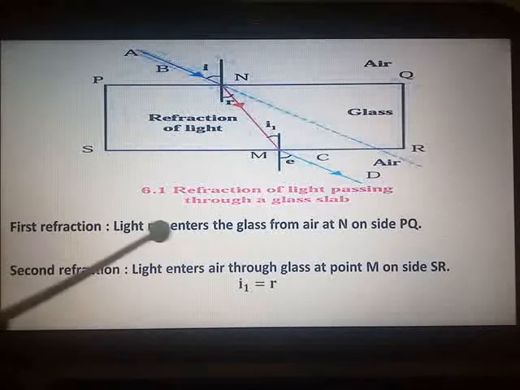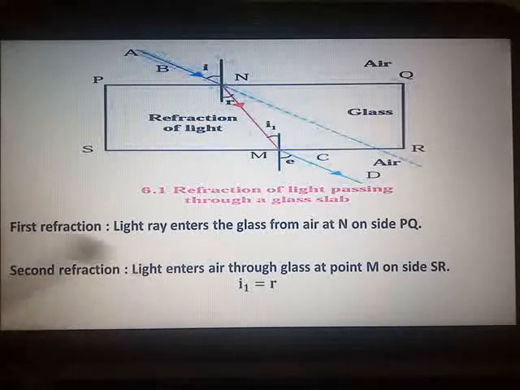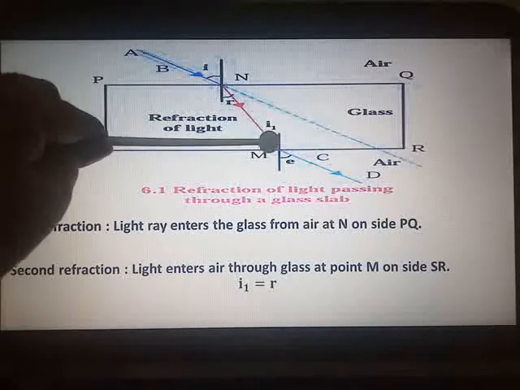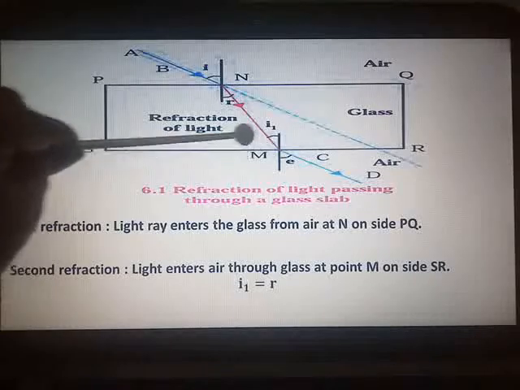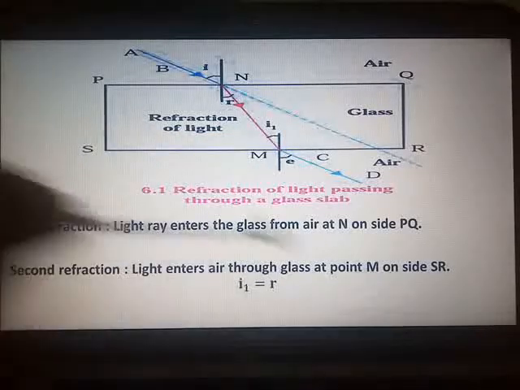Now when will the second refraction take place? When the light enters the air through the glass. Now this light ray is coming out in the air from the glass at which point? At point M. On which side?